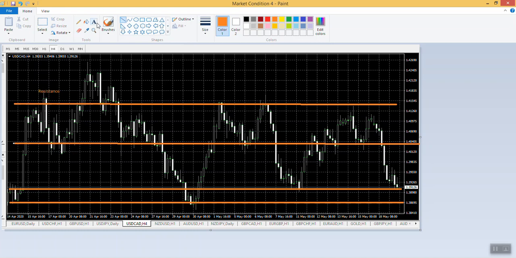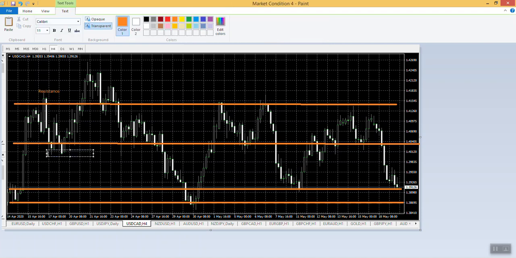At this point again, it forms a support and rises. It goes up, comes down here, broke the second support and went to the third support and rises.